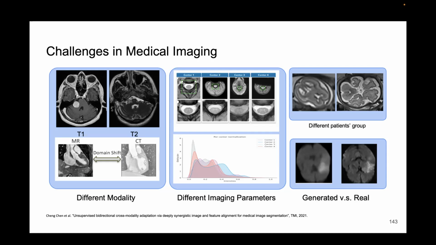Similarly, recently there are generation technologies involved in our pipeline, and you can clearly see that with the current technology, the generated images could still appear quite different from the real images. Due to all these factors, even within the medical domain the problem exists quite commonly, and domain adaptation and domain generalization are quite needed.